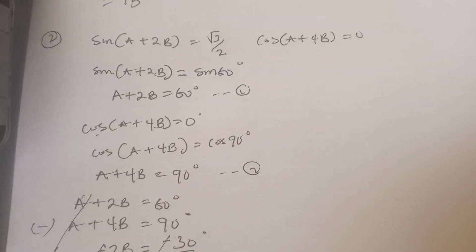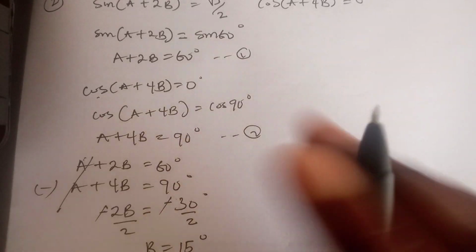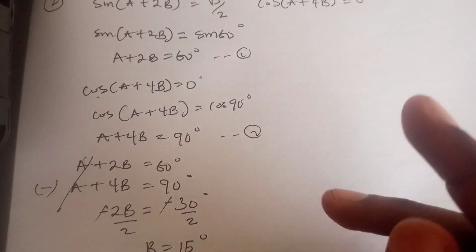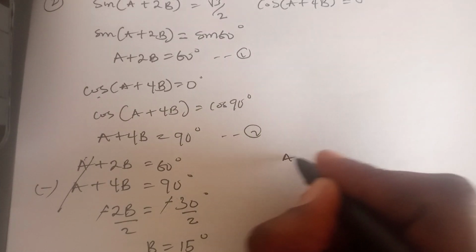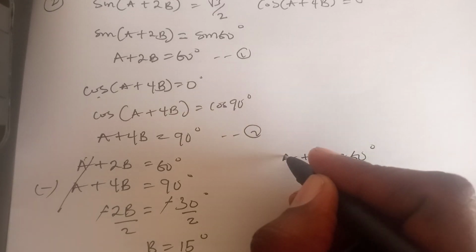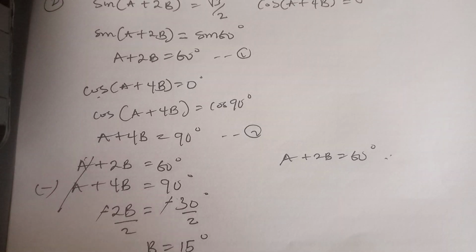Now to get A, as I told you, use any of the equations. It's still the same thing. You can use either equation 1 or equation 2. So I'm using equation 1. A plus 2B equals 60 degrees, and don't forget my B is 15 degrees.